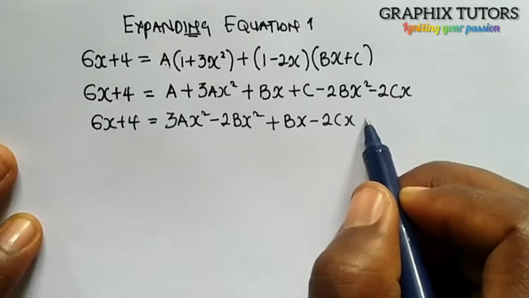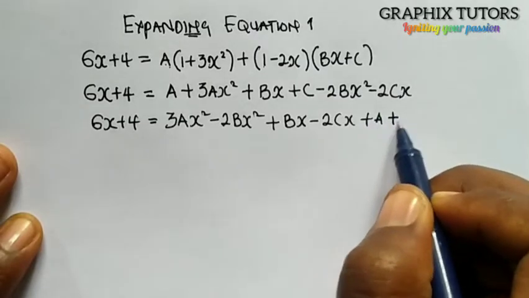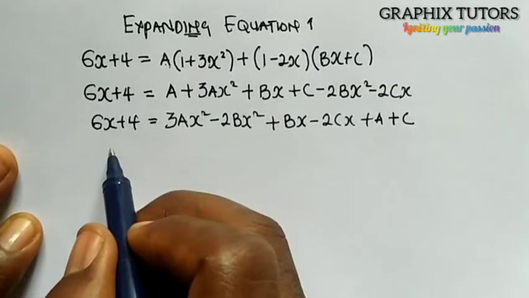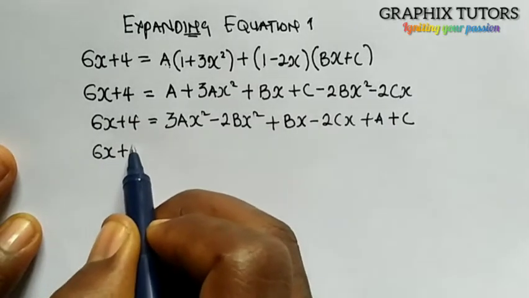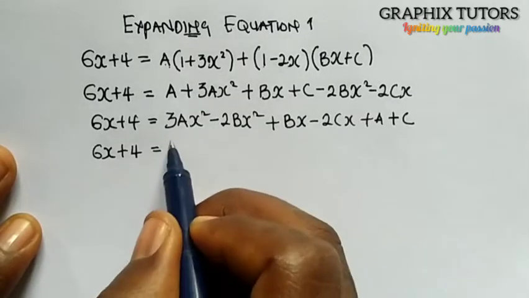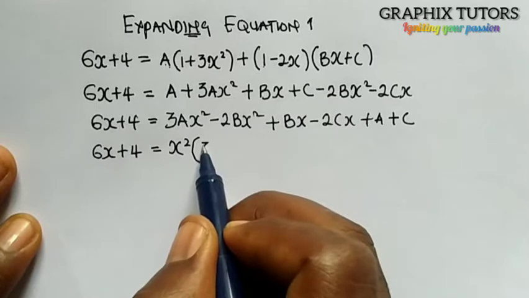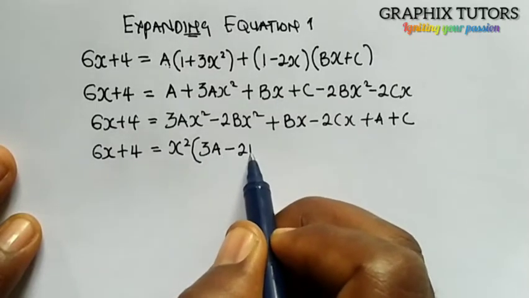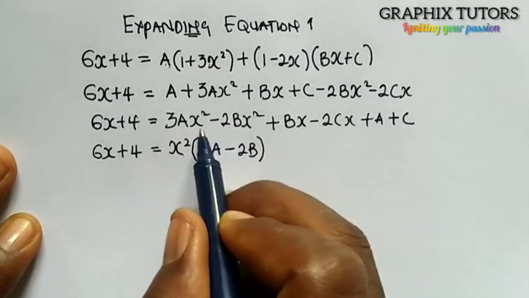Then plus a plus c. So these two are together. If I factorize, I'm going to be having 6x plus 4 equals, what is common between these two is x squared. I'll open the bracket. I'll be left with 3a minus 2b. I'll close the bracket. So when you multiply this, you have this.